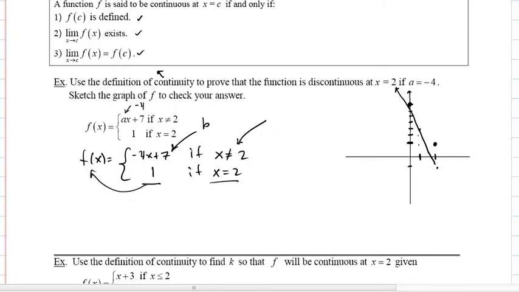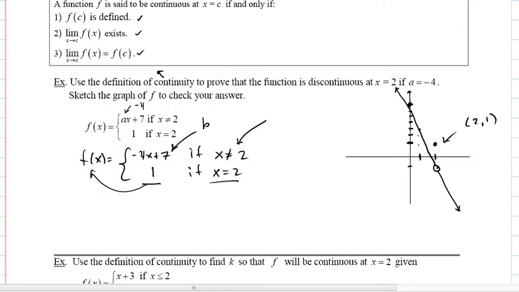Very straight, I know. Now I'm going to draw an open dot here, and then continue this graph to the right. I know I'm not very good at drawing, but we see that this is the linear function negative 4x plus 7, and this is the point 2 comma 1.